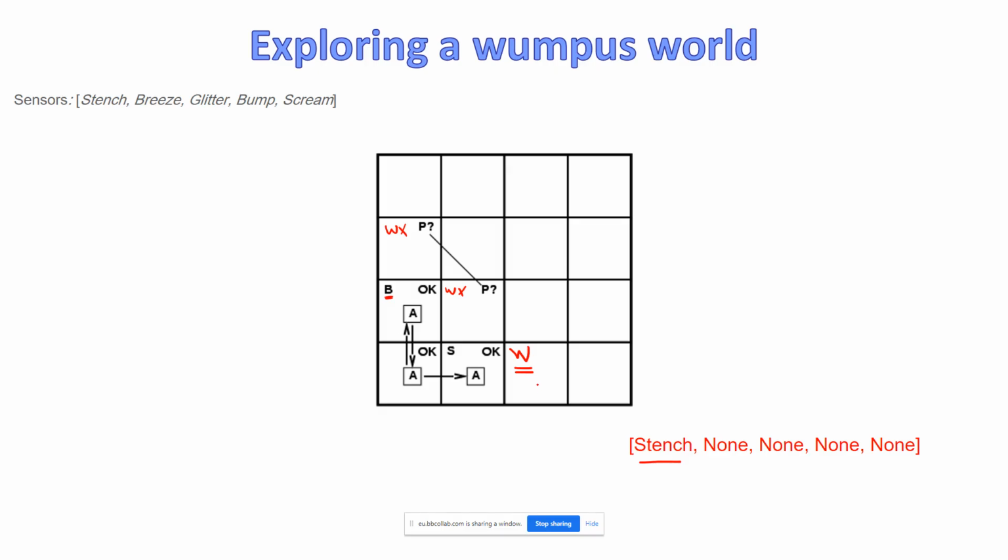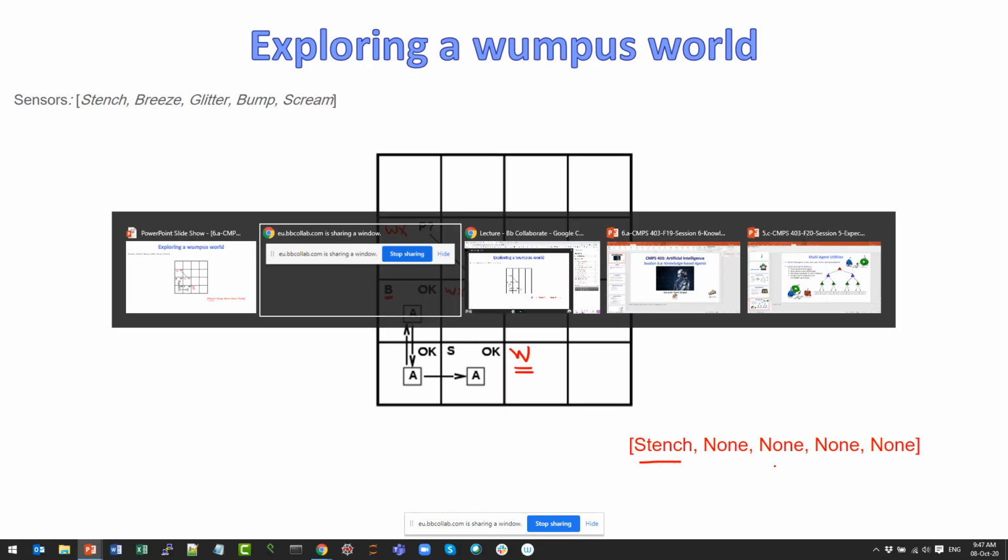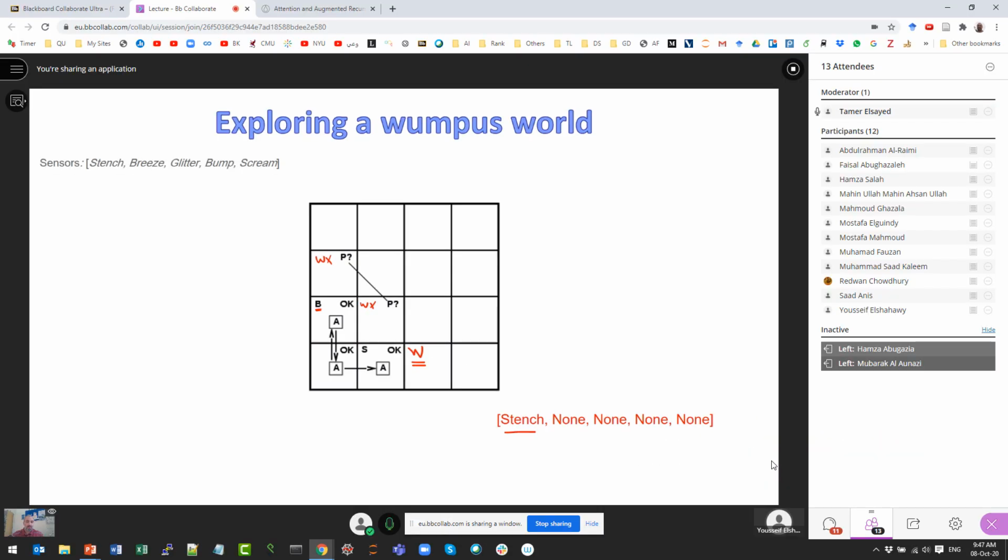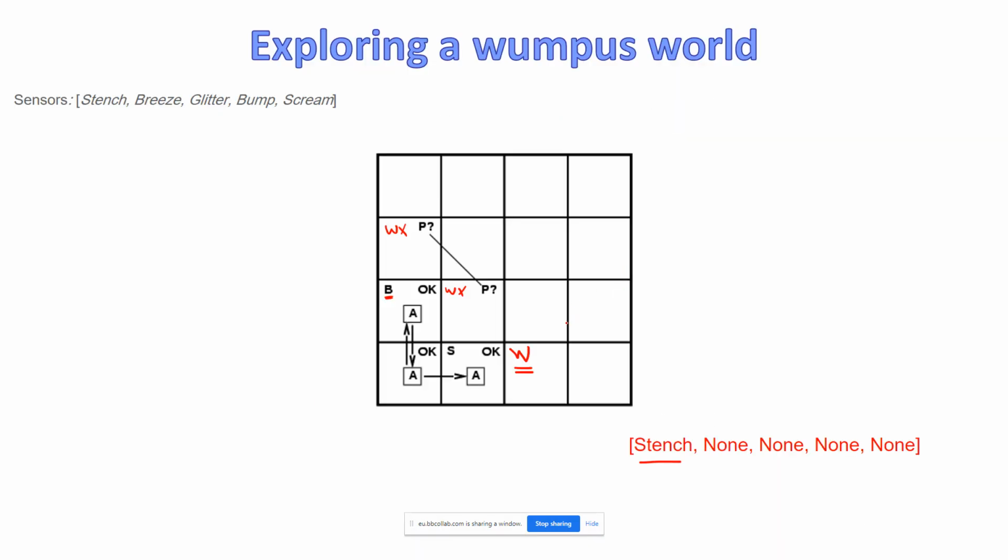What else can we infer from that input? Anyone? Any thoughts? Yusuf? We can kill it.